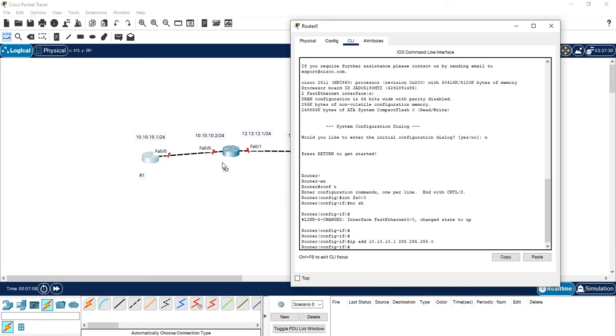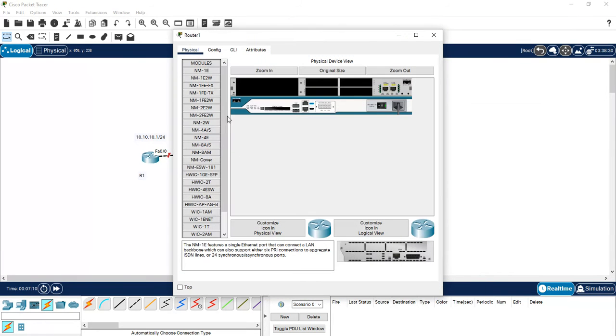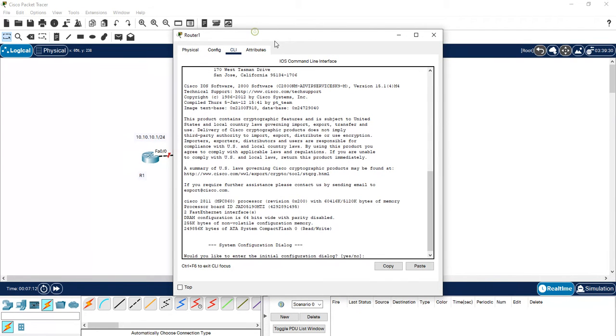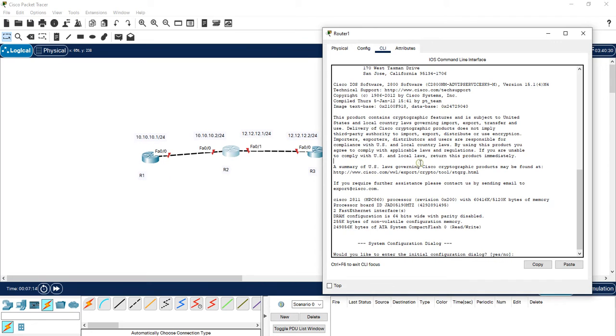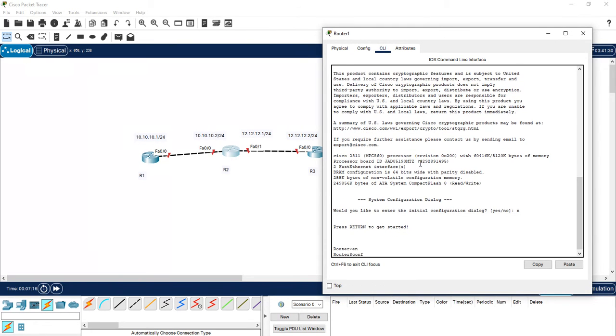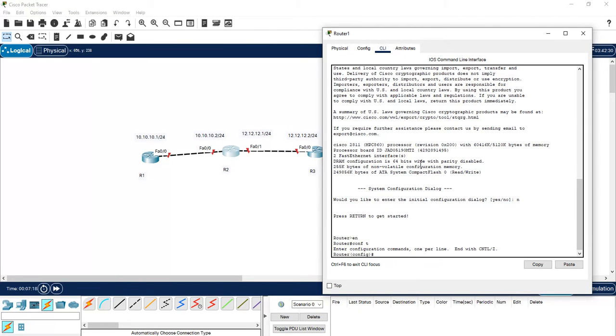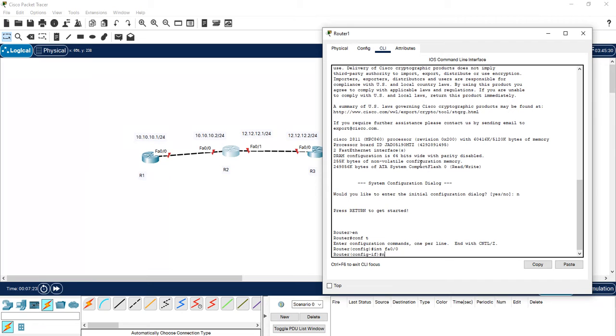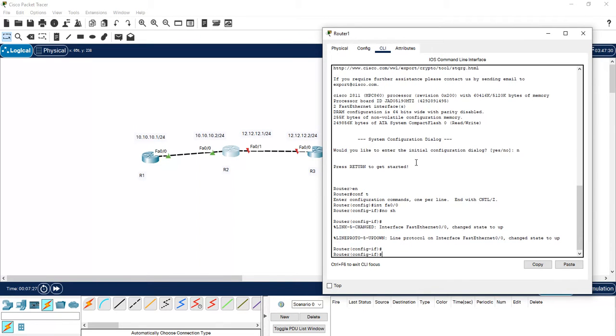Then we move to router 2. In router 2 we enable, then configure terminal. Then we get into interface FA0/0. Then no shutdown to turn on the interface. Here you can see the lights of router 1 and 2 are green.